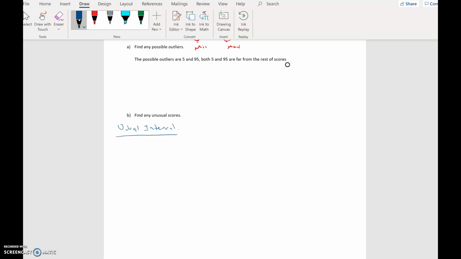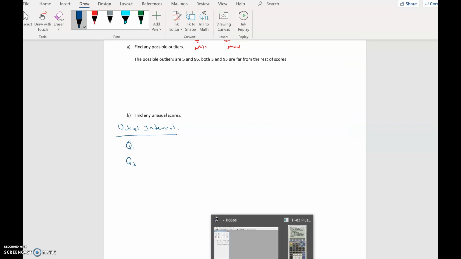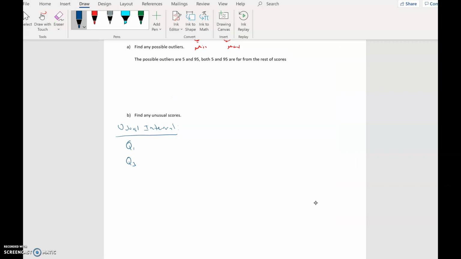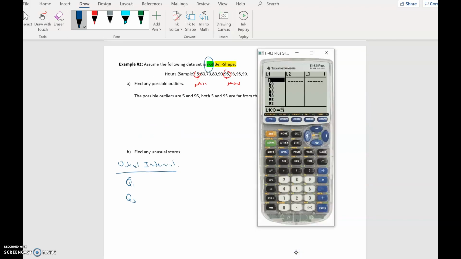Now, for the usual interval, we're actually going to have to calculate the values of Q1 and Q3. So let's actually take a second and enter these into the calculator. You can put them under list 1. And if you want to pause the video, that's perfectly fine.